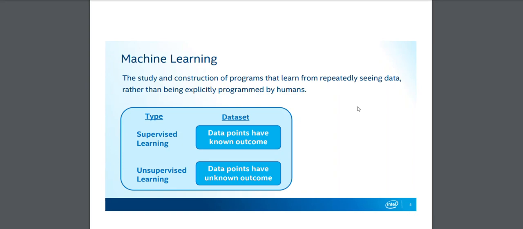And for classification, let's say I wanted to determine if students were short, average, or tall in height. Well, where do those values come from? Well, somebody determines what those values are. We have a known outcome.